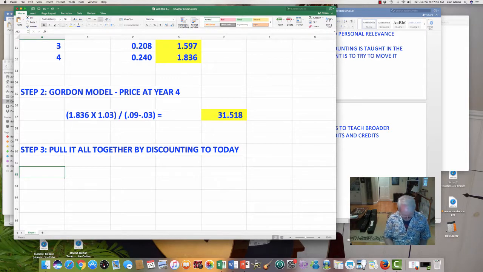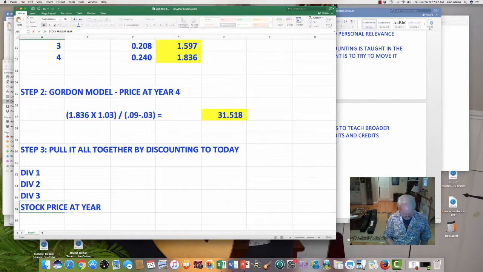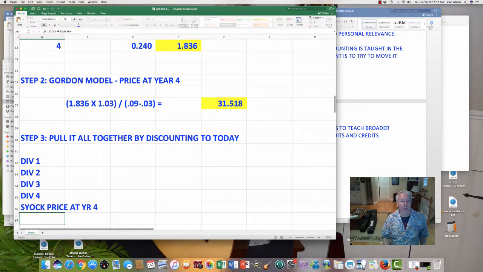Okay? So I'm going to take dividend 1, dividend 2, dividend 3, and the stock price at year 4. Oh, I forgot one, didn't I? Yeah, I've got dividend 4 to contend with. This is a 4-year problem. Okay, stock price at year 4.